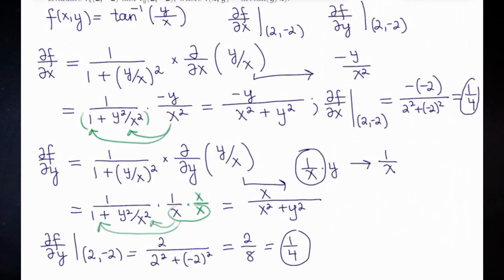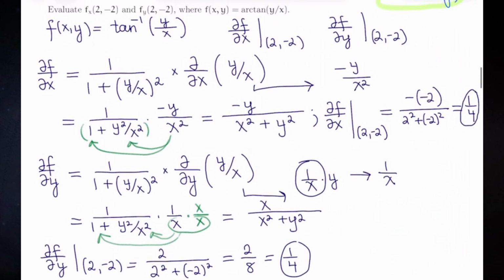Okay, all right. So what does that number give us? Gives us the instantaneous rate of change of the function at the point (2, -2). For the first one, if we're going in the x direction with y being fixed. For the second one, if we're going in the y direction with x being fixed.